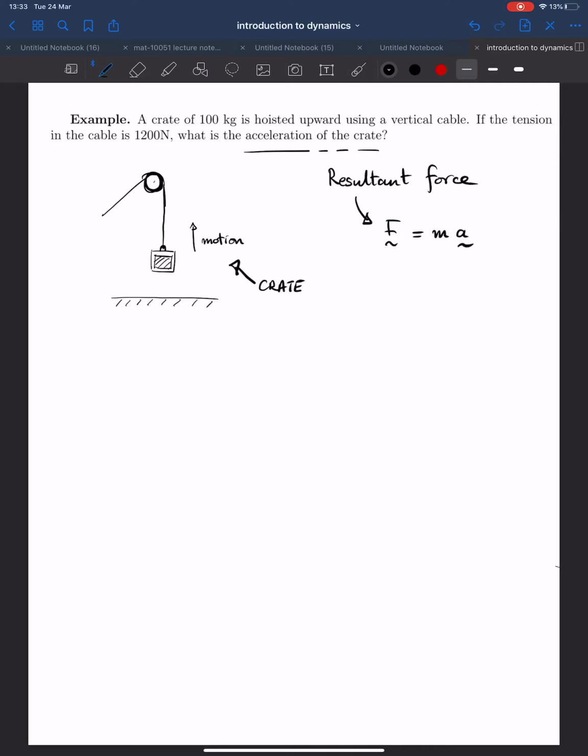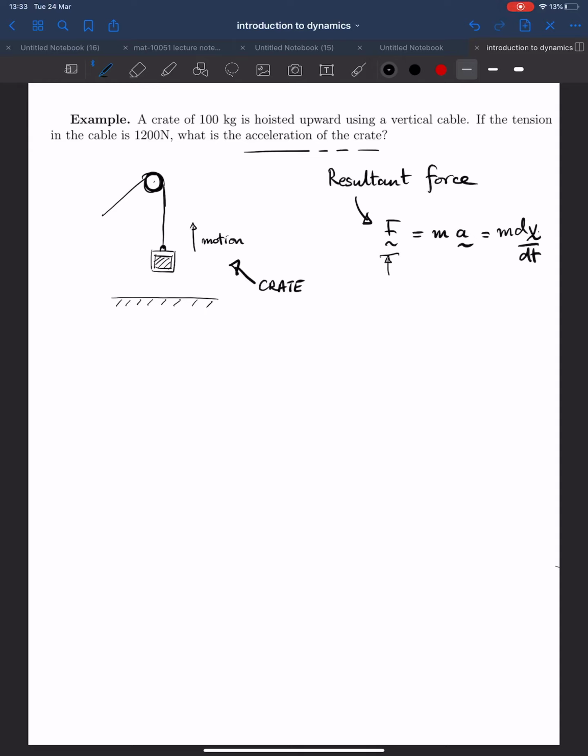The overall force applied to our object characterized by a point mass would then go in this term here.